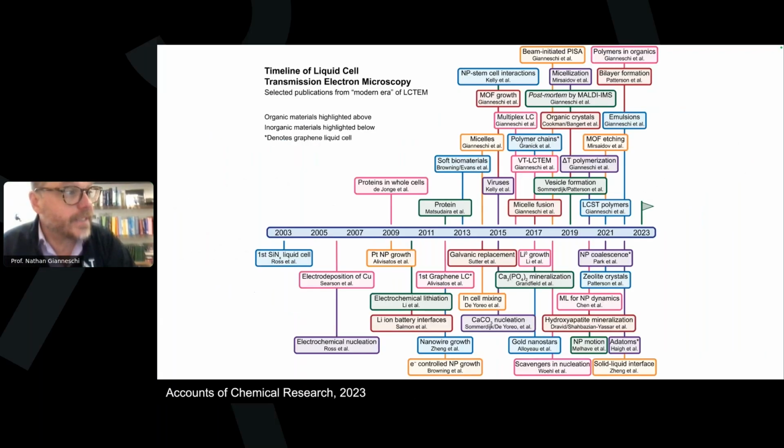The field has expanded since that date. So I've ignored the 1940s here and just said since the insight around this initial silicon nitride cell from Frances Ross, the field's expanded. On the top, I've included examples, kind of a little bit biased towards our own examples, because we wrote the paper, on organic materials, and on the bottom, examples of inorganic nanoparticles, which by far dominate the field because the materials themselves are obviously less sensitive to the beam.